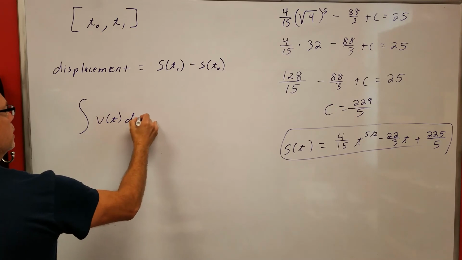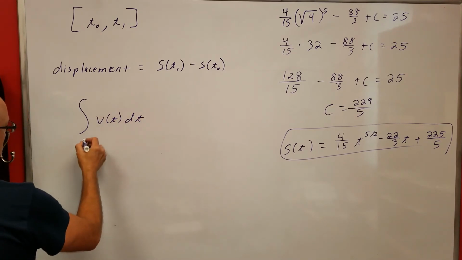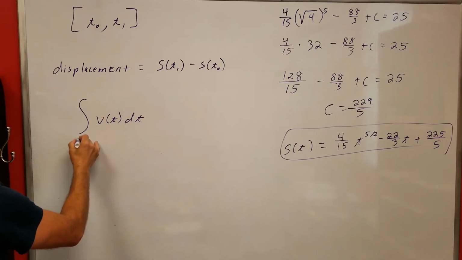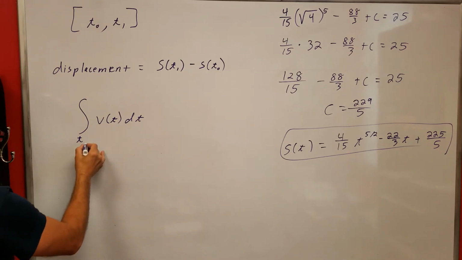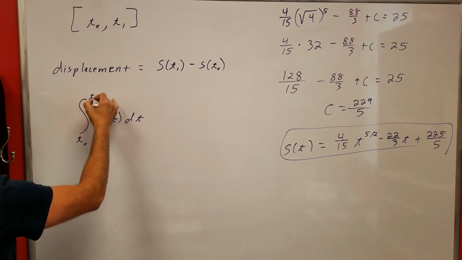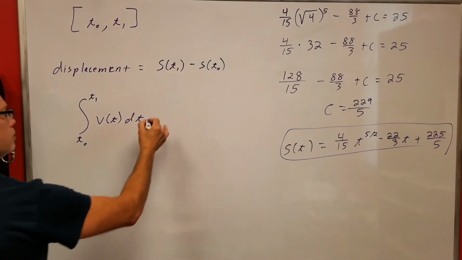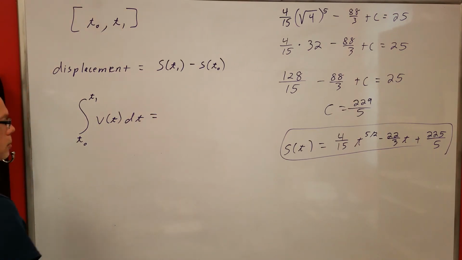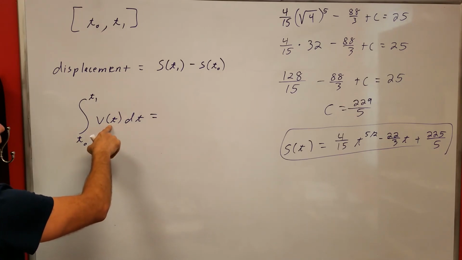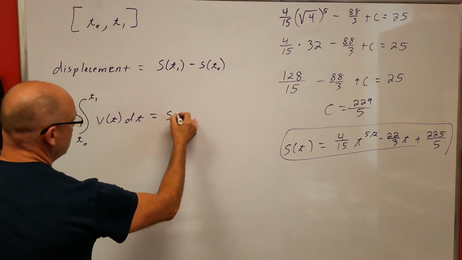Just go with me here, okay? What if I take the integral, and my lower limit of integration is t sub 0, upper limit is t sub 1, of my velocity function? What will that give me? Well, what happens whenever I integrate velocity? What do I get? I get position, right?